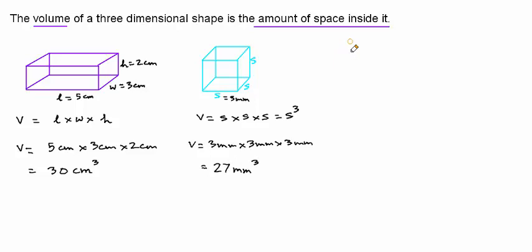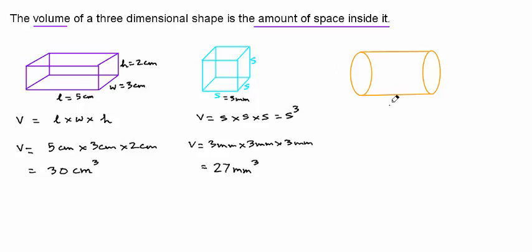A cylinder is another special type of prism with circular ends.